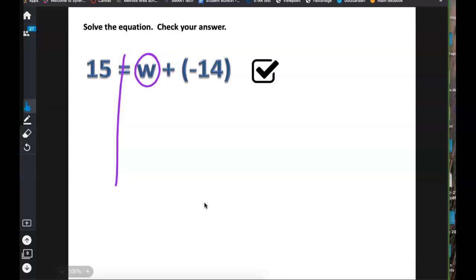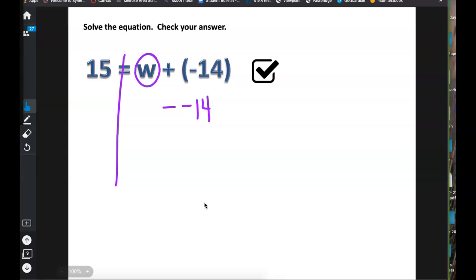So I have to get rid of the negative 14. How am I going to cancel out a negative 14? What do you think? Minus negative 14. Right, so that looks a little bit silly if I write minus negative 14. What's an easier way to write that? Instead of writing minus negative 14, what could I write?